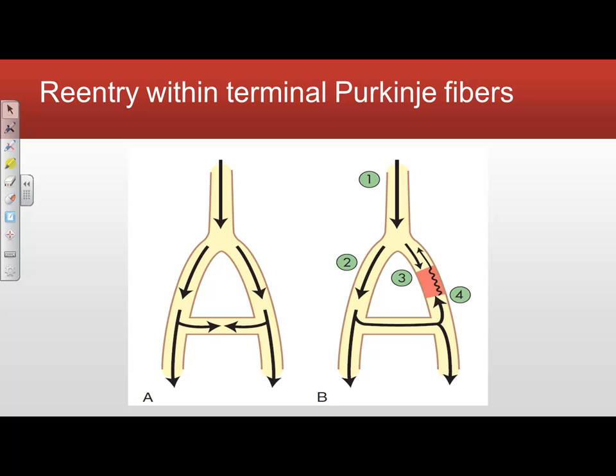You've got your T-wave, you've got your QRS, and then you've got another QRS, and then a T-wave. So this is one ventricular contraction, and that is two ventricular contractions. The first QRS would be the result of the electrical stimulus going straight down. The second one would be a delayed contraction due to the re-entry mechanism here.